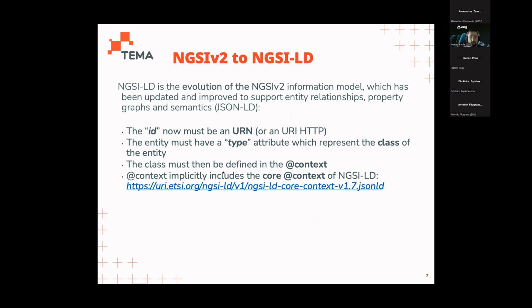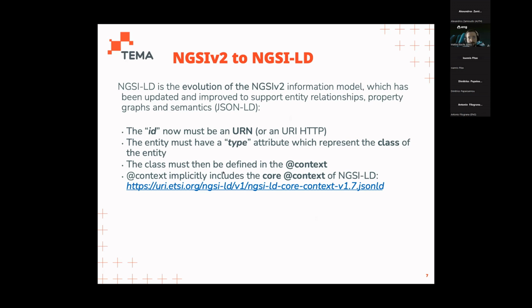And this is very important because the ID now is not a simple string or a simple number, but is a URL that uniquely identifies the entity that we are describing with that JSON-LD. Then we must have the type in the JSON. With NGSI-LD, we must have the type, that is the entity type that this JSON-LD is describing.